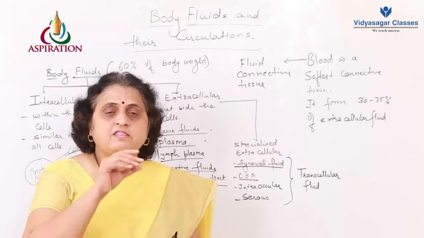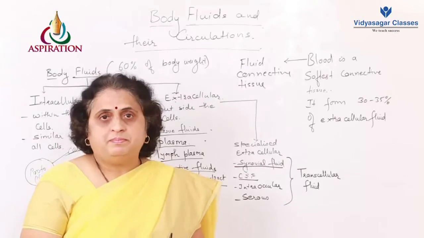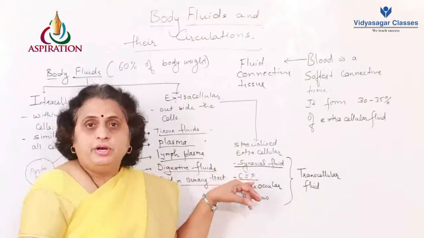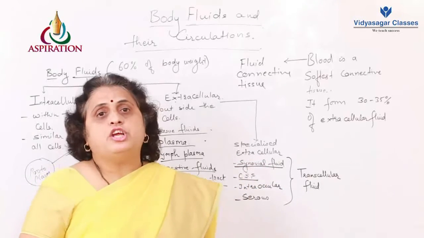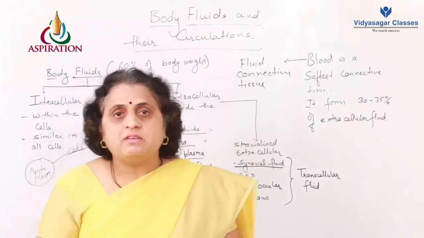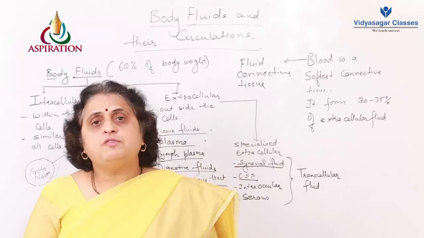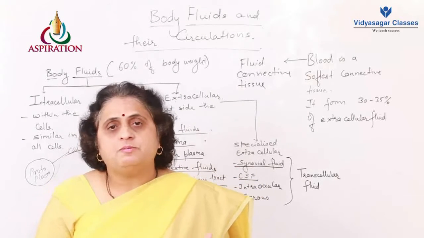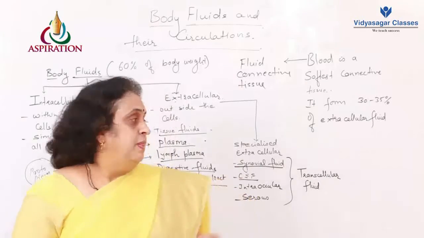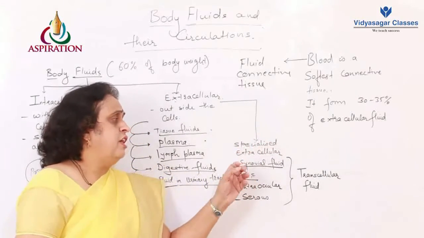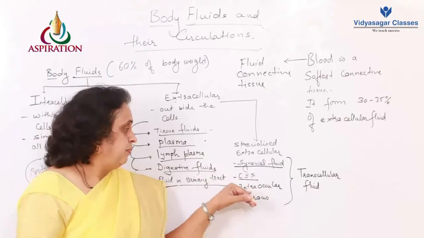At the same time, it is also present in the neural canals of vertebrae. This fluid is cerebrospinal fluid and is nourishing. Not only does it nourish the nervous tissue and spinal cord, but at the same time it helps in absorbing shock, especially in the cranium, which protects our brain. These fluids are extracellular specialized fluids, not at all circulating.